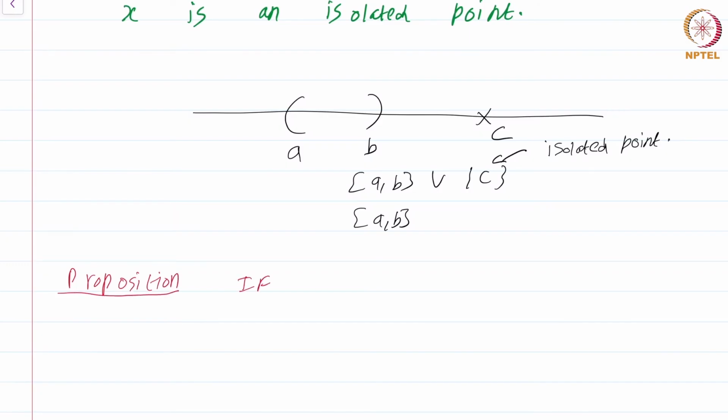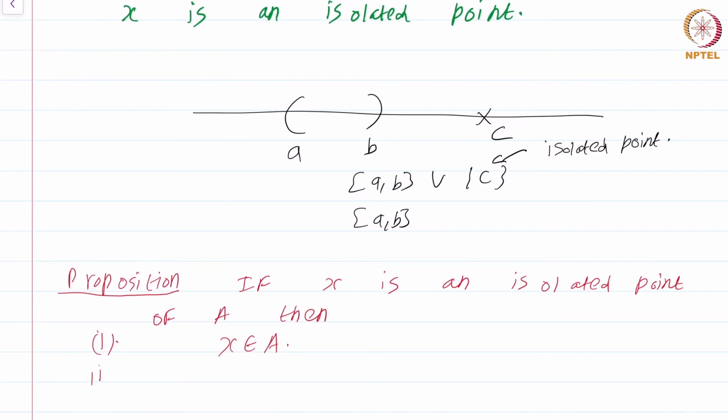If x is an isolated point of A, then first of all, x must be in A. You cannot have an isolated point of A that is not an element of A. This is simply not the case for limit points. You could have limit points that are not elements of the set A. Second, for some r greater than 0, B(x, r) intersect A is just the set with x, right?